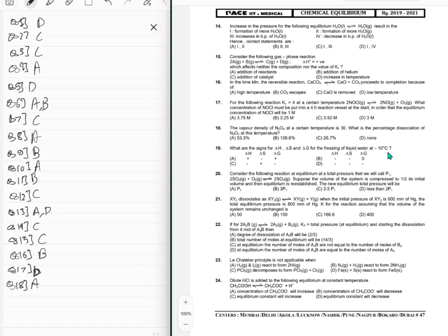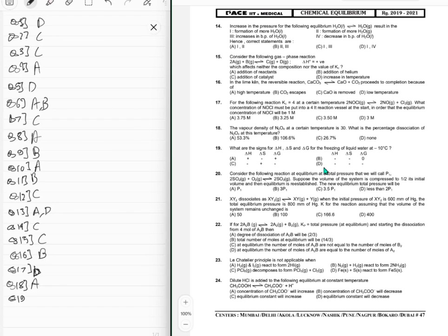It's exothermic, of course. What am I saying? I just said it releases heat. You need to take heat off from it. So delta H must be negative. And delta G must also be negative for this reaction because it does happen. And delta S is also negative because water has more entropy than ice. So D is the way to go.